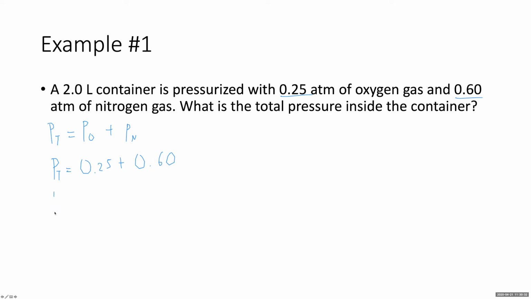So therefore, your grand total is going to be 0.85, and your units are going to be in atmospheres, so it'll be 0.85 atm. Okay, pretty easy. Out of each gas, you can get a grand total, and vice versa. I can give you the total pressure of a container and give you one of the gases, and you simply subtract the partial pressure from the total.